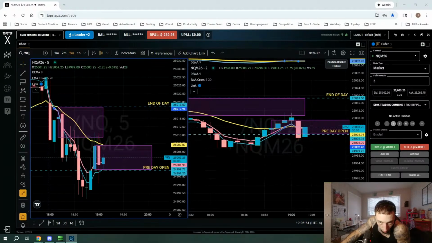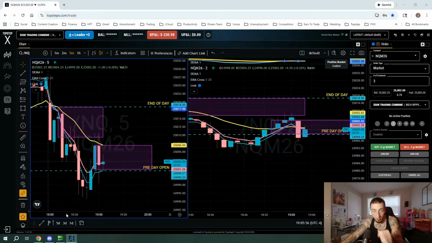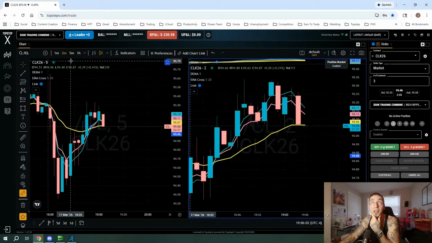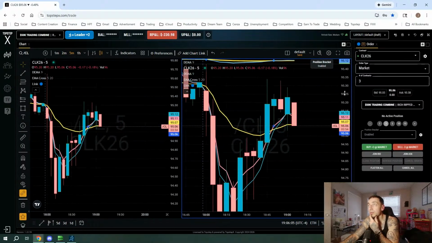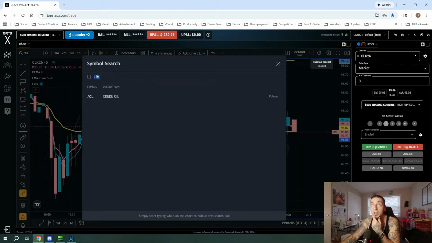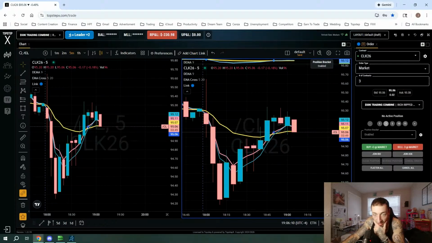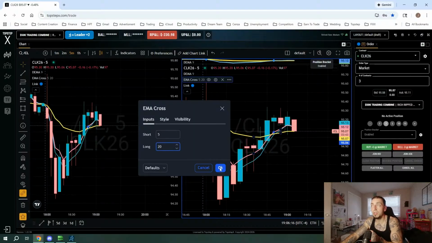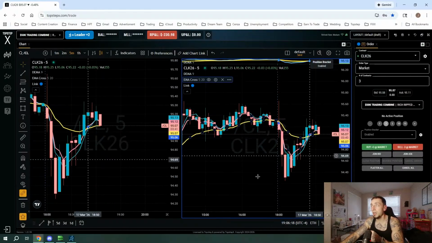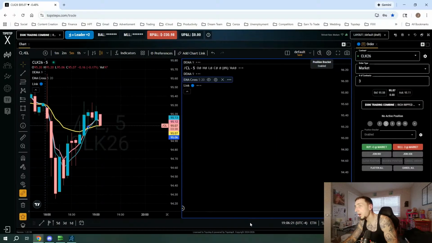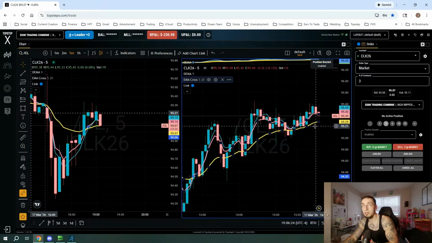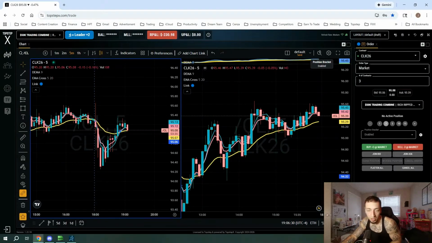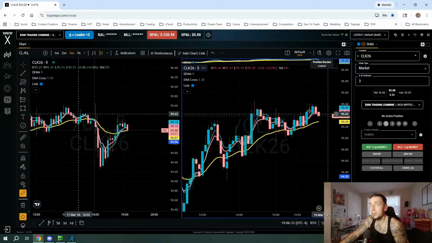Oh boy. Oh my God, look at oil right now, dude. Look at oil, respecting that. Why does my 20 look all wrong here? Crude oil, CL. Why does that look like that? Is this the 5-minute? Oh, here we go, regular. Why does that look like that here on TopStep? My chart of oil looks completely different on Thinkorswim.